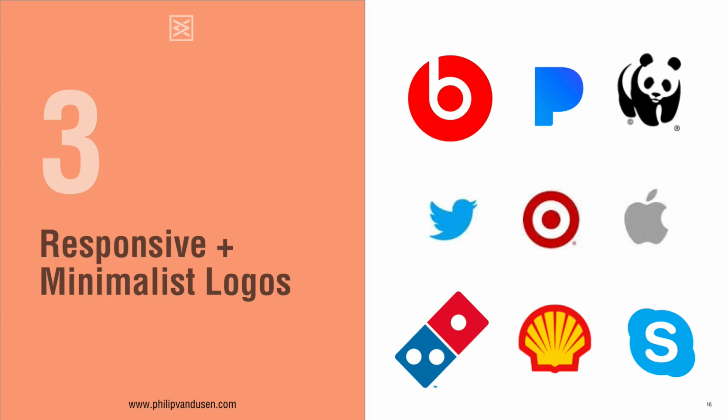Trend number three is responsive logos or minimalist logos. Designers are always having to address an expanding range of formats for their work. And the formats have been going from large desktop computers to smaller to mobile phones and now down to watches. So for a brand identity or logo to be able to be addressed and seen and recognized at a large scale to an extremely small scale, the brand mark or icon has to be very simple.